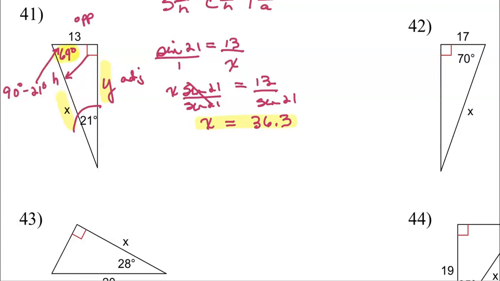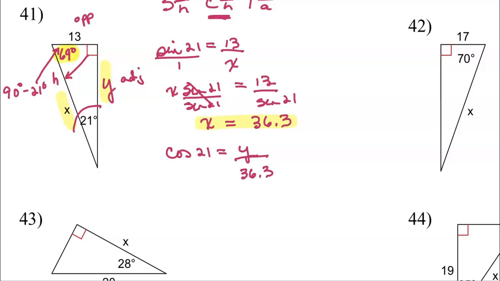I got this angle, and I've got that side. Now let's go get the other side. So I'm going to keep using that 21 degrees, but now I want the adjacent side, so I want to use cosine. So I'm going to say the cosine of 21 equals, cosine is adjacent, which is the unknown y, over the hypotenuse, which we just found out is 36.3.